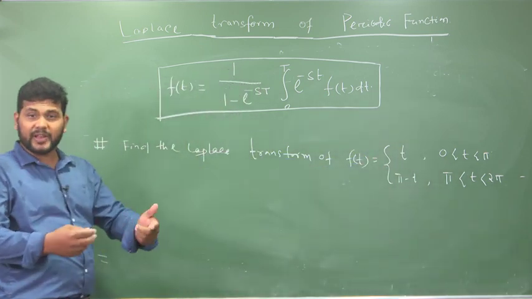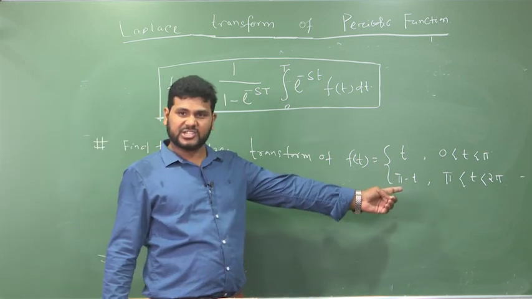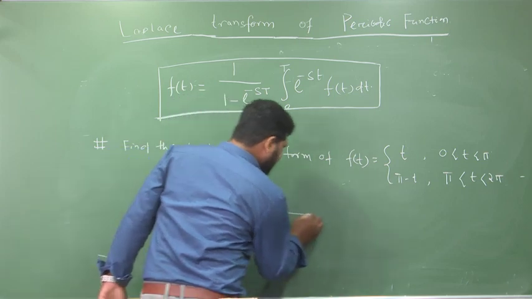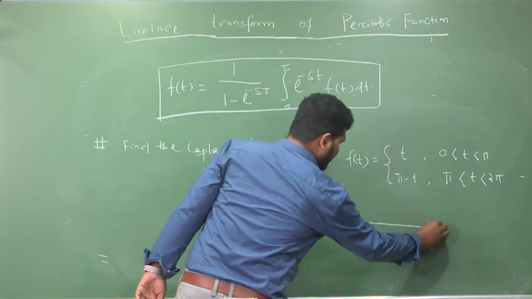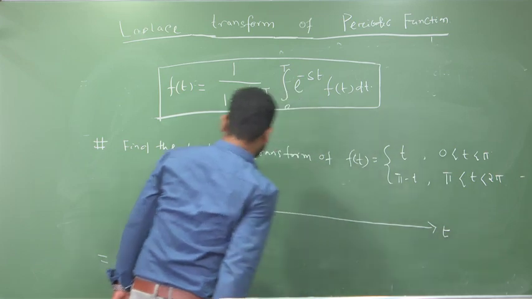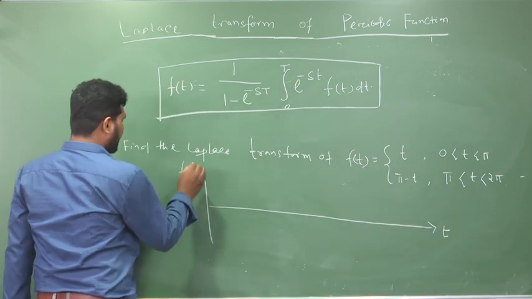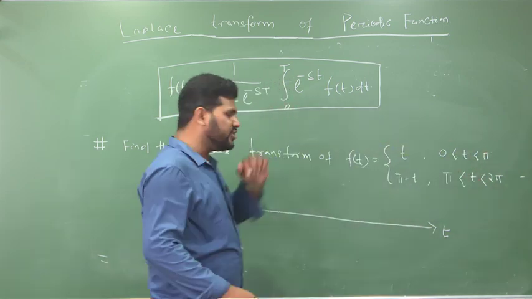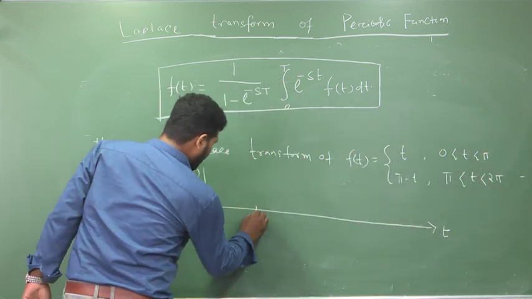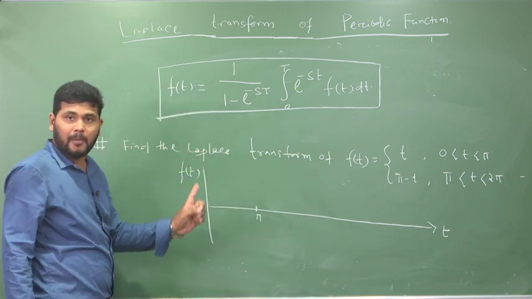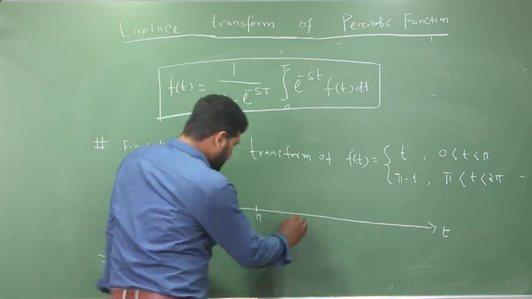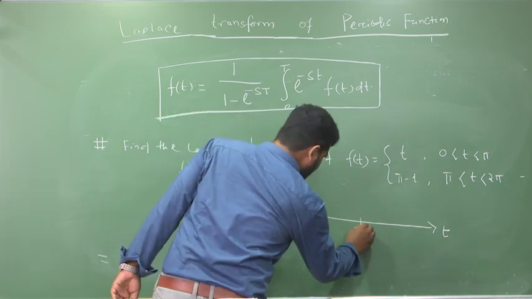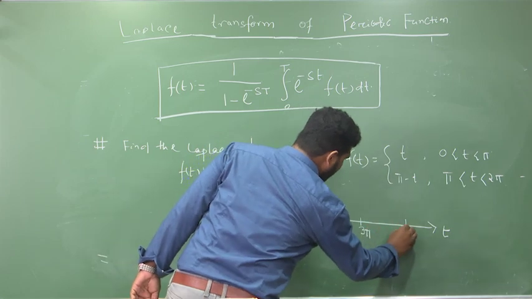How will this be a periodic function just by mere inspection? Let's plot it. If I plot, here is my abscissa, here is my ordinate. From 0 to pi, let's choose 0 to pi. Here is 0 to pi, and again pi to 2 pi, 2 pi to 3 pi, 3 pi to 4 pi.